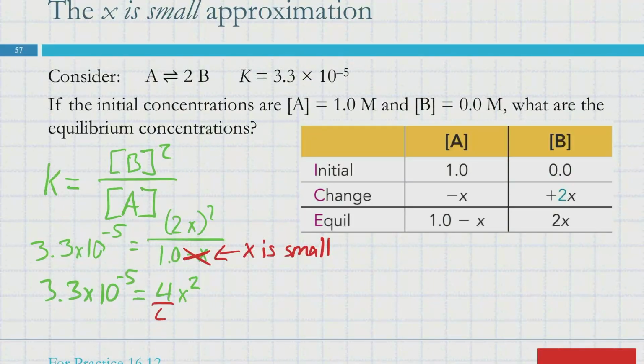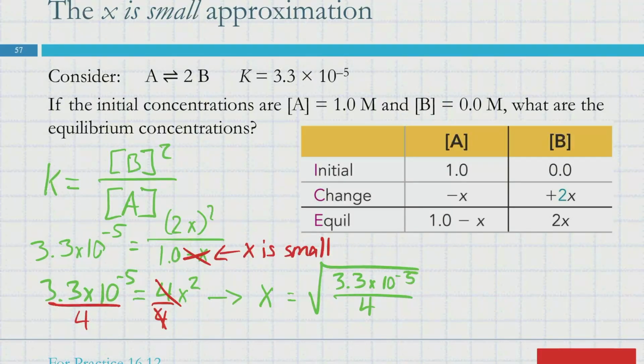Divide both sides by 4. And x squared we can turn into x equals the square root of our k divided by 4.